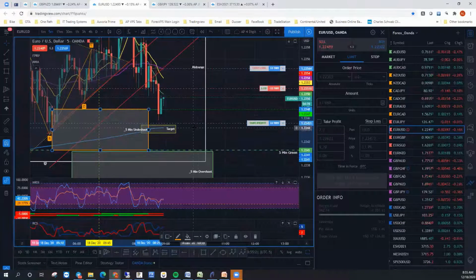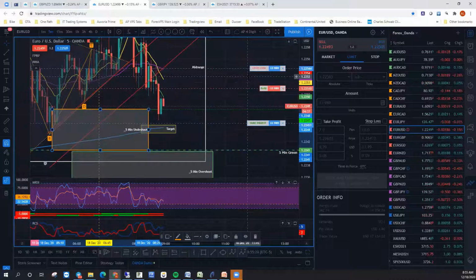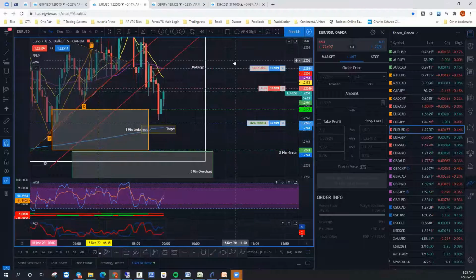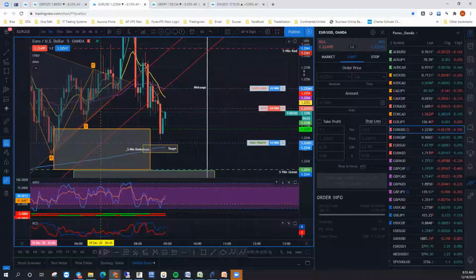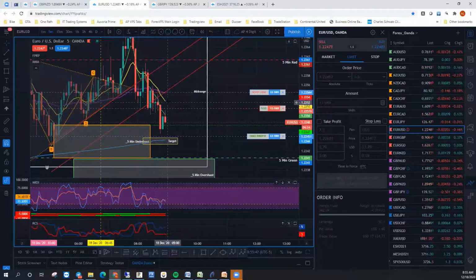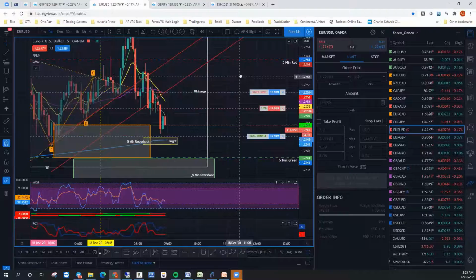Coming up on the 9 o'clock hour. As long as the price can stay below or inside this channel between this 13 and the 5, this is still going short.